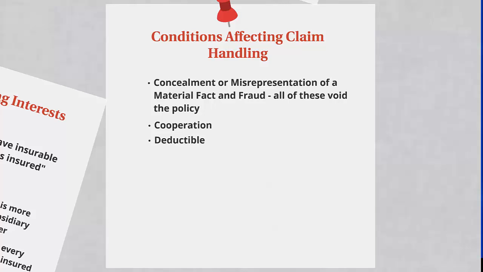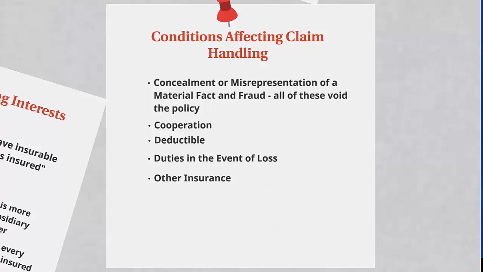No loss in any one occurrence is payable by the insurer unless the amount of the loss exceeds the deductible. We won't have a deductible calculation on this exam, but note that there could be a deductible on the policy. Duties in the event of loss include notifying the insurer as soon as possible, submitting to an examination under oath, producing all permanent records for the insurer to examine, giving a detailed sworn proof of loss, and cooperating with the insurer on the investigation, much like any other commercial property coverage.